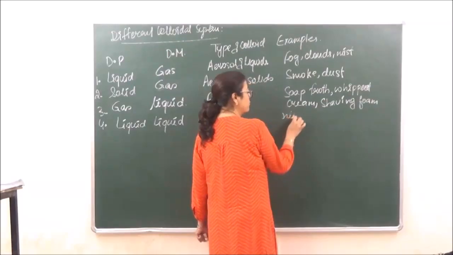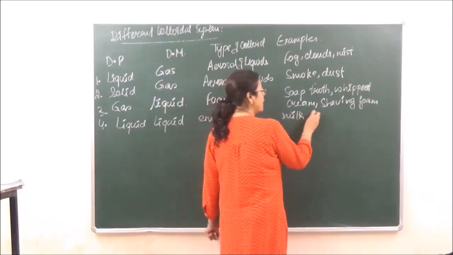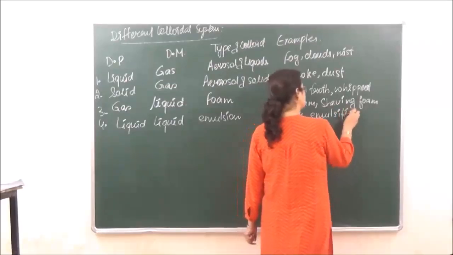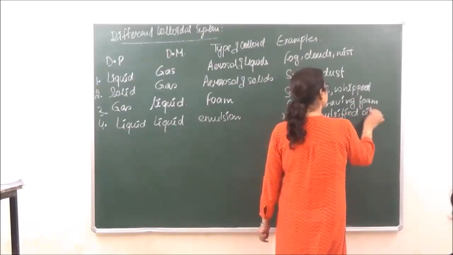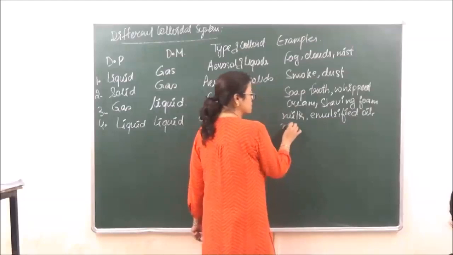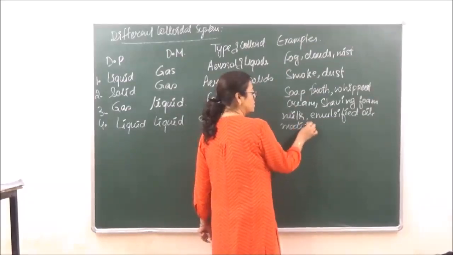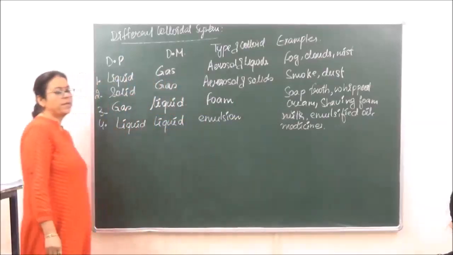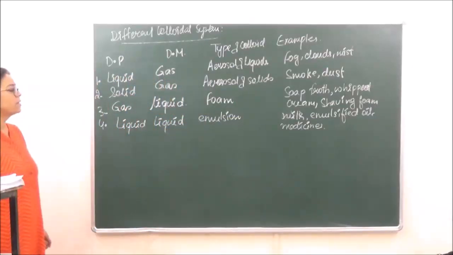First take the example of milk, then emulsified oils, and also certain medicines. The liquid syrups which are given to small children, pediatric liquids, they come under this category.